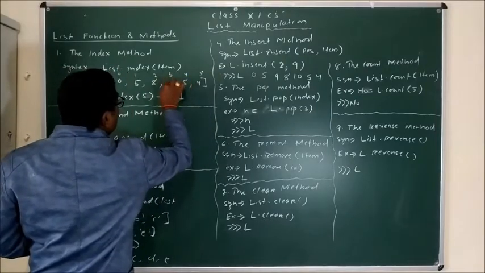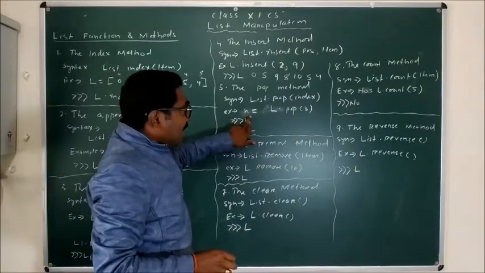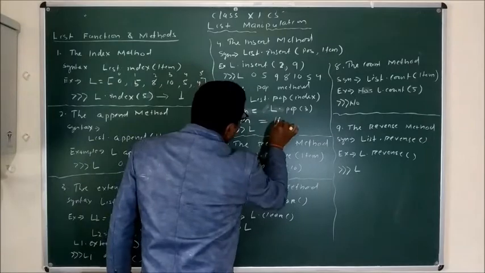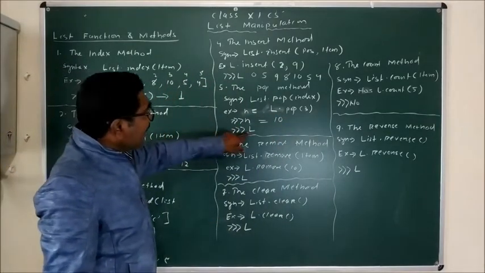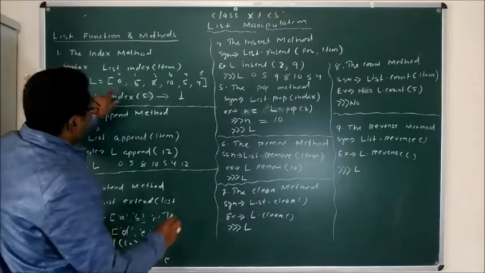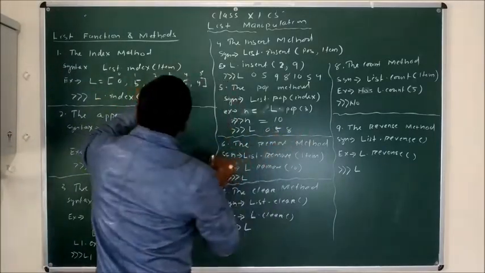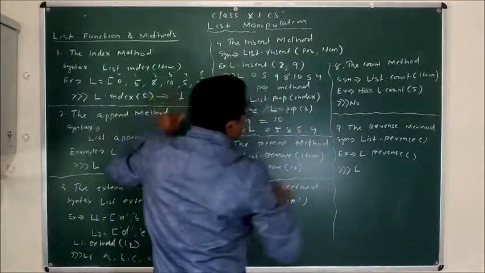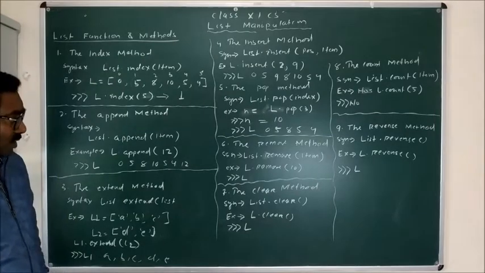Suppose the item at index 3 is 10. 10 will be removed and stored in the variable n. So when we are displaying n, then it will display 10. Now after removing the element, when we are displaying the list, what will be the content of the list? That is 0, 5, 8, and 10 is removed. So again 5 and 4 are the elements which are displayed.